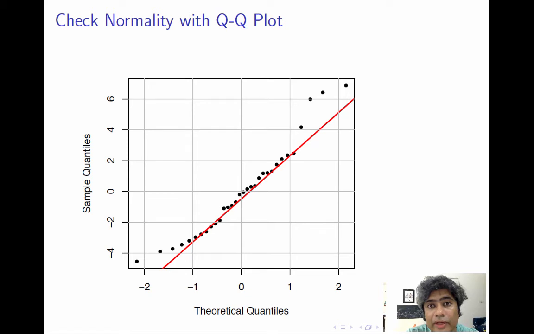If it deviates significantly from the red line, then perhaps it is not the right thing to assume. In this case, we see that some of the points here and some of the points here are deviating from the red line. So maybe it's not the right thing. We don't know. We have to check it out.